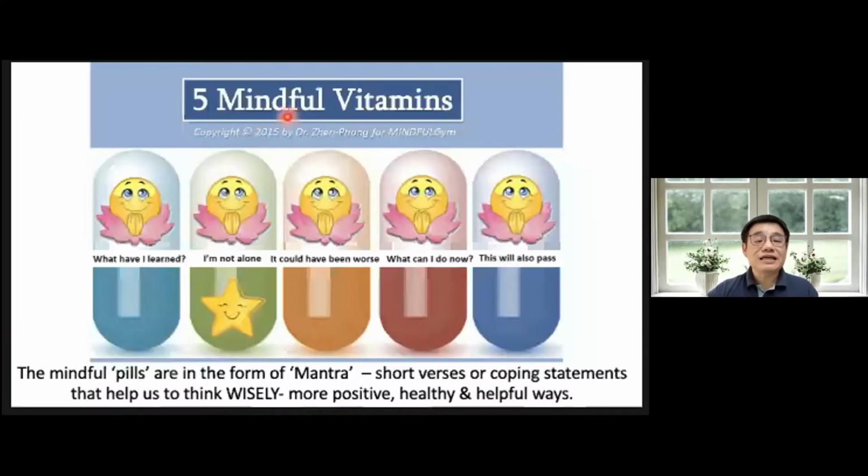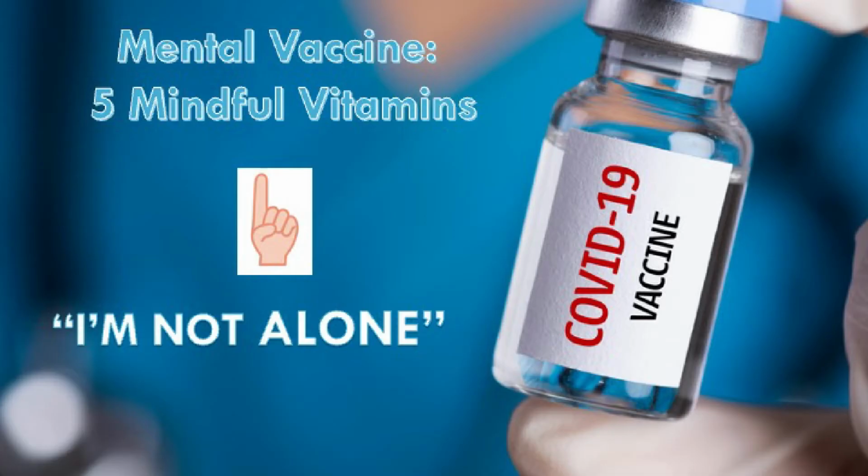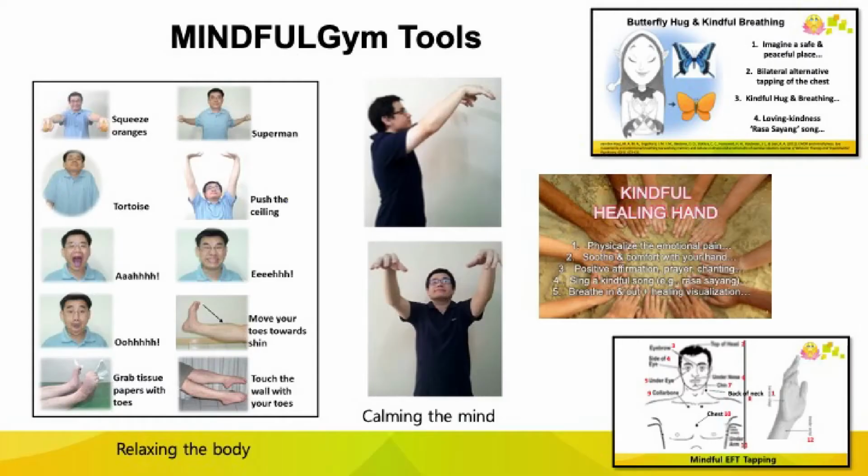Okay, so that is related to the mindful vitamin that we learned earlier. I'm not alone. So if we can constantly remind ourselves, I'm not alone, in whatever problems we have, whatever challenges, whatever worries we have, then that helps us to face it. Yeah, so the antidote to shame is reminding ourselves that we are not alone. The antidote to fear is to apply all the MindfulGym tools to help us cope with the fear.